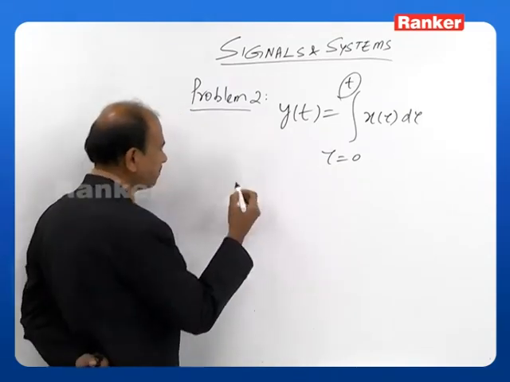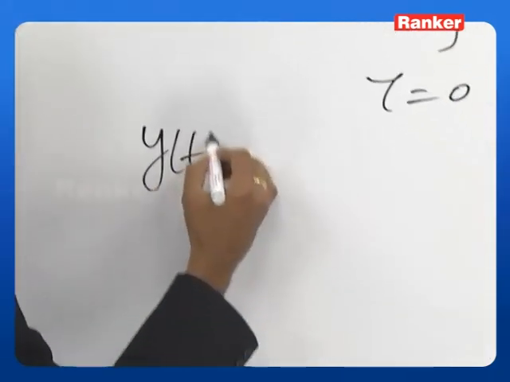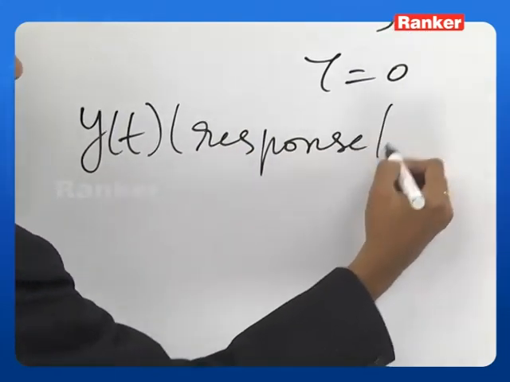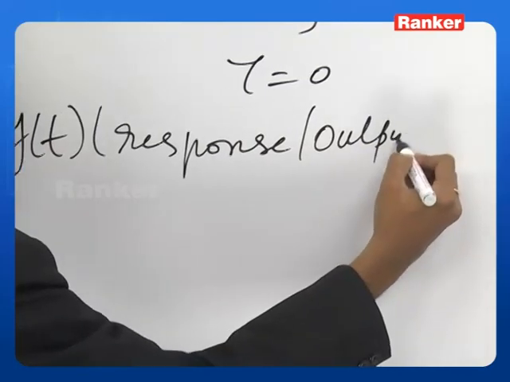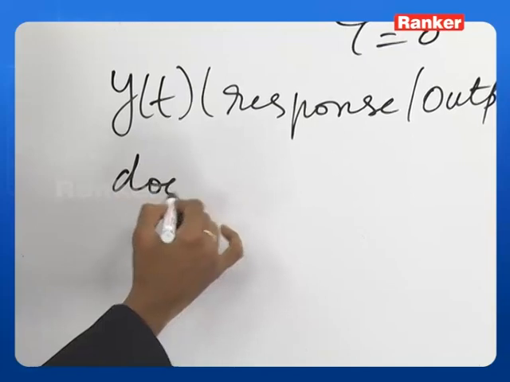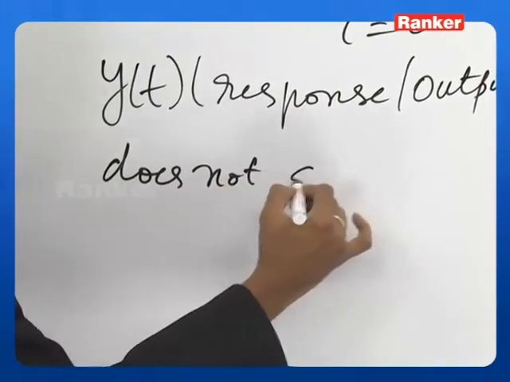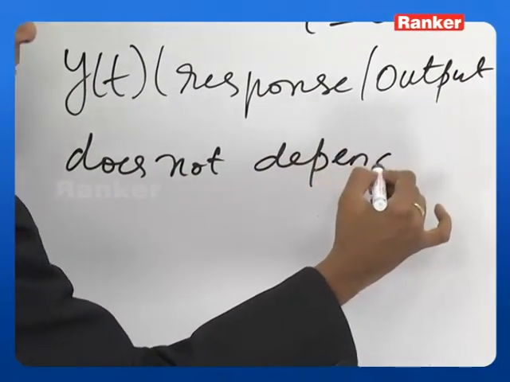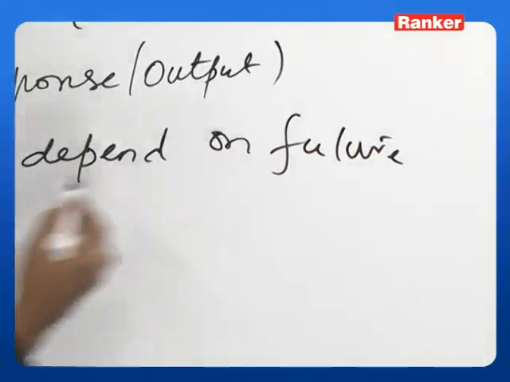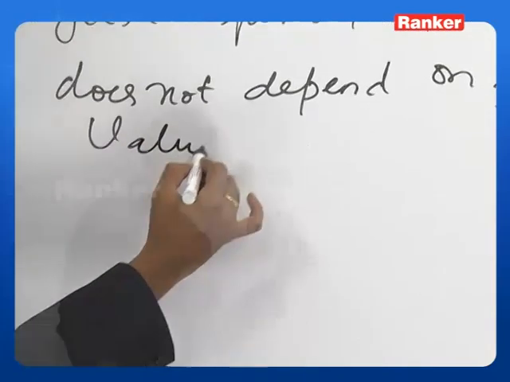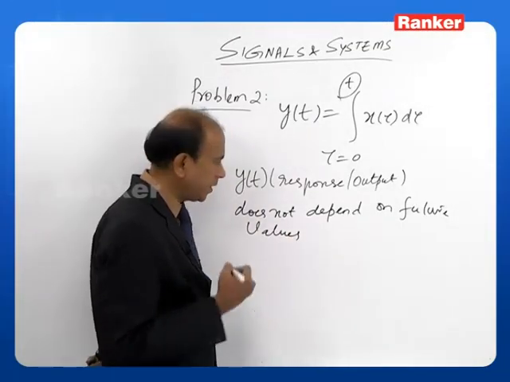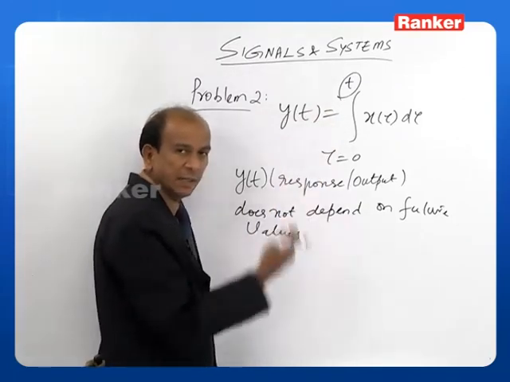So, let us write down that y of t, the response or the output, does not depend on future values. Okay, when I say future values, of what? Of the input. Because we are stopping at t, t is the present, isn't it?